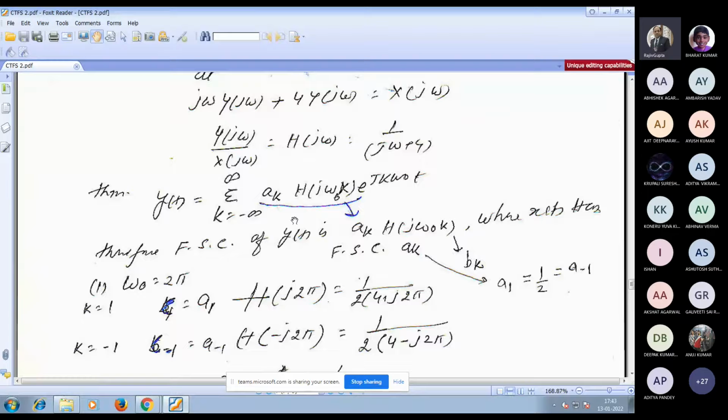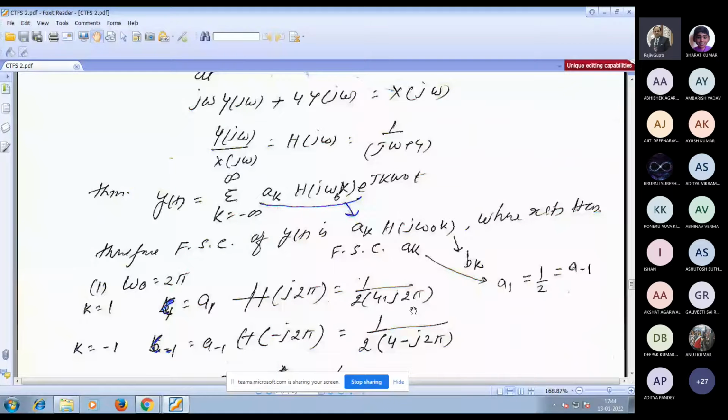If you know the ak and if you know the H of j omega, if you multiply these two, only then you will be able to know the Fourier series coefficient of the output signal, that is y(t). इनपुट का अगर आपको Fourier series coefficient पता है, सिस्टम का frequency response पता है, and if the frequency response is to be calculated at omega equals omega naught k, only then you will be easily able to know about the Fourier series coefficient of y(t), that is ak H of j omega naught k, right?